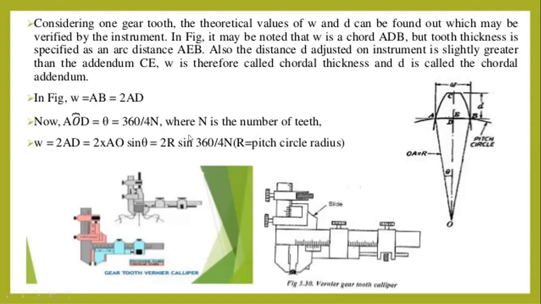So from the figure, W is called the width, that is equal to AB, that is 2 into AD. So this is the AD position, which is half of AB.